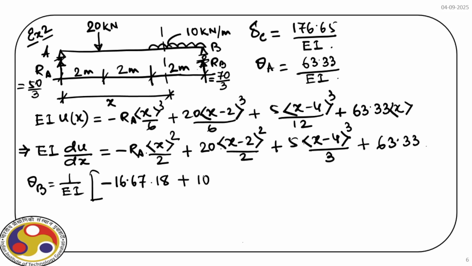Then we have 20 by 2, that is 10, and then we have within bracket 6 minus 2, that is 4, so 4 square 16, plus we have 5 by 3, that is 1.67, times 6 minus 4, so 2. So 2 cube is 8 plus 63.